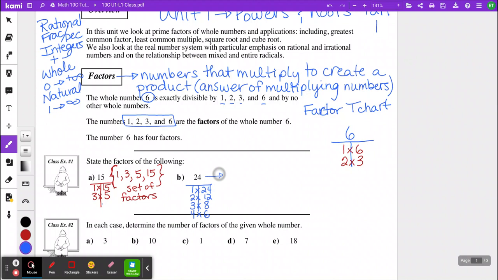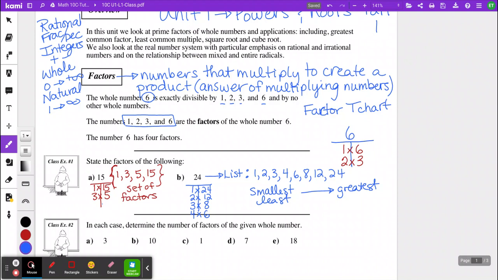So now if I just make a list of my factors, I would have 1, 2, 3, 4, 6, 8, 12, and 24. You list them from smallest to greatest. Okay, they might say least to greatest.